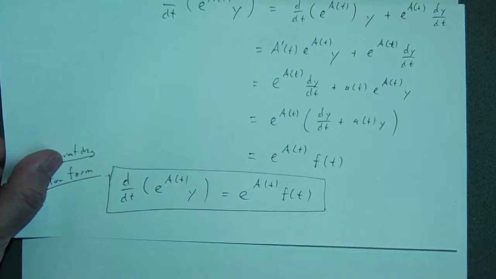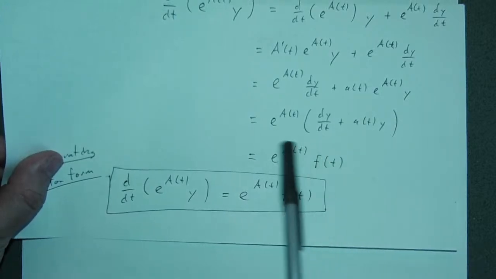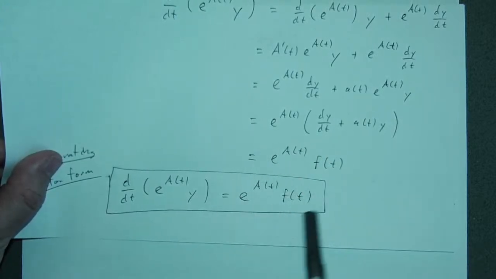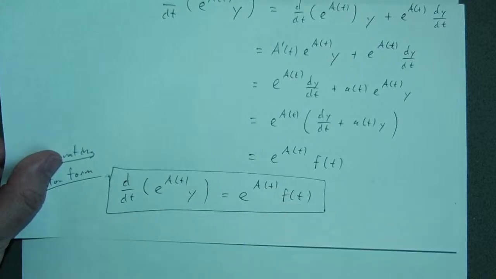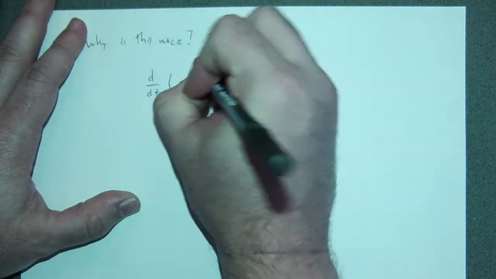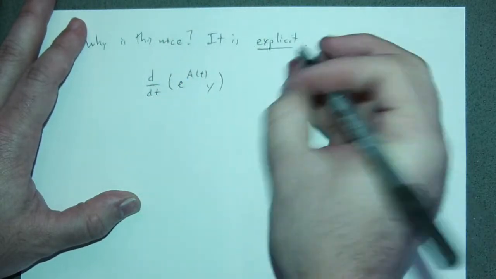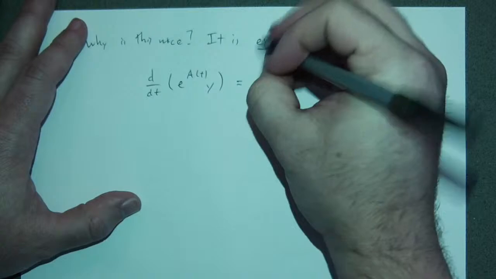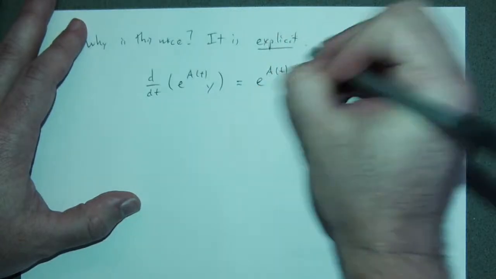Notice the very important thing here is on the right hand side now all I have is a function of t. There's no y showing up. So I have d/dt of e to the big A of t y is equal to e to the big A of t f of t.